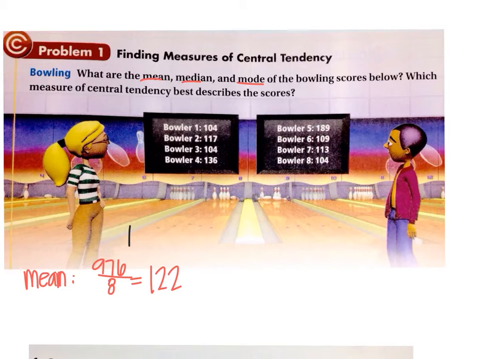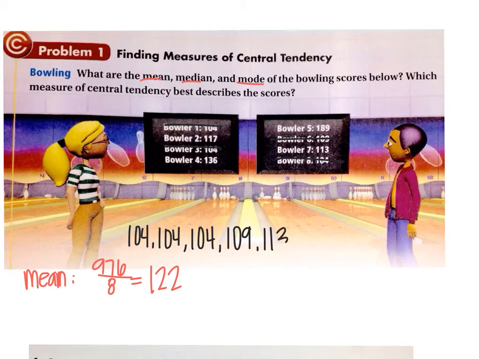The lowest number is 104, and it actually shows up 3 times. So I think you could probably go ahead and tell me the mode too. Which one shows up the most? So it's going to be that one, and that one. And then the next highest number is 109. And then the next highest number is 113. And then the next highest number is 117.